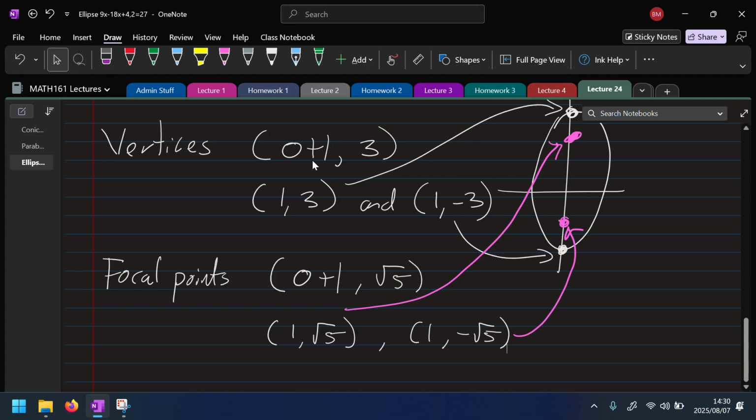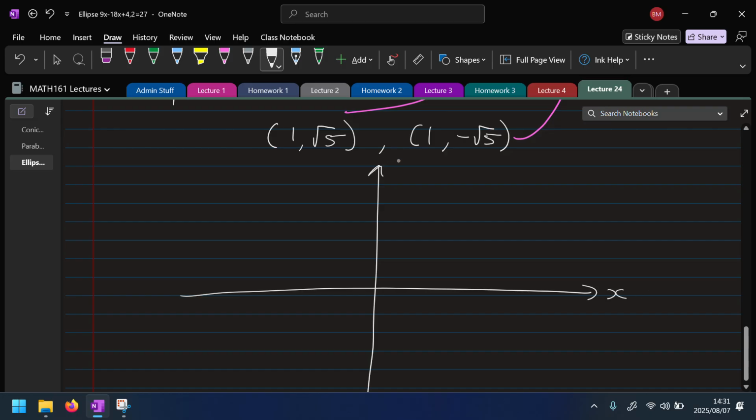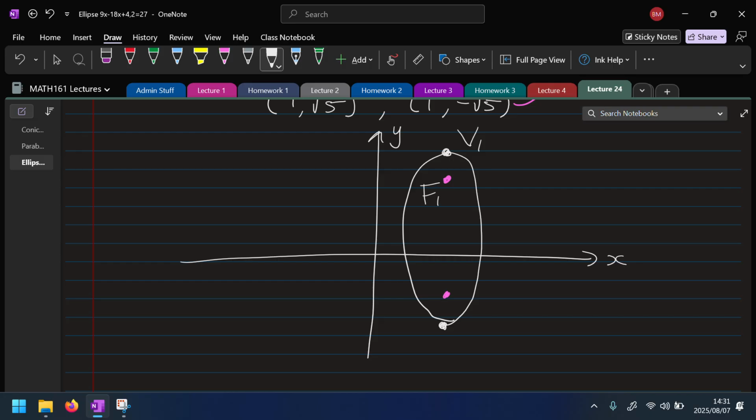Now we need to sketch this, so let's put everything together. We've got x and y. Let's fill in our top and bottom vertices: 1, 3 and 1, -3. So there and there. The ellipse must be stretched between those 2 points, so it'll be something like this. And then the focal points will be somewhere there. So we've got V1 and F1, and then F2 and V2.